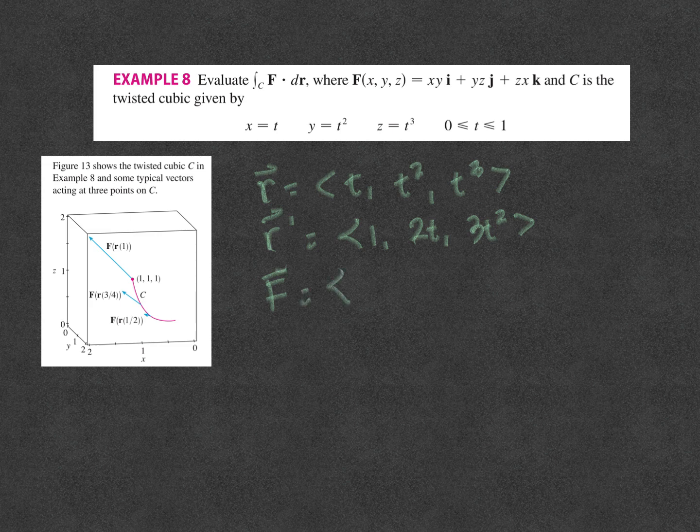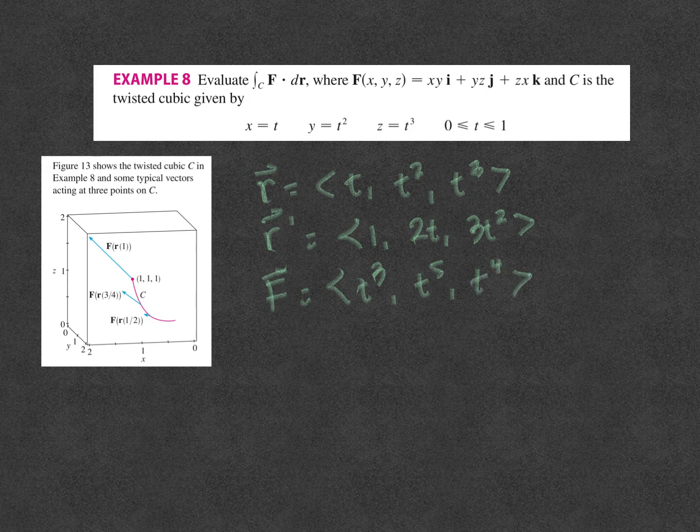So f is xy, so x is t and y is t squared, so that's going to be t to the third. And the second component is yz, so t squared times t to the third is t to the fifth. And then the last component is zx, which is t to the third times t, which is t to the fourth.